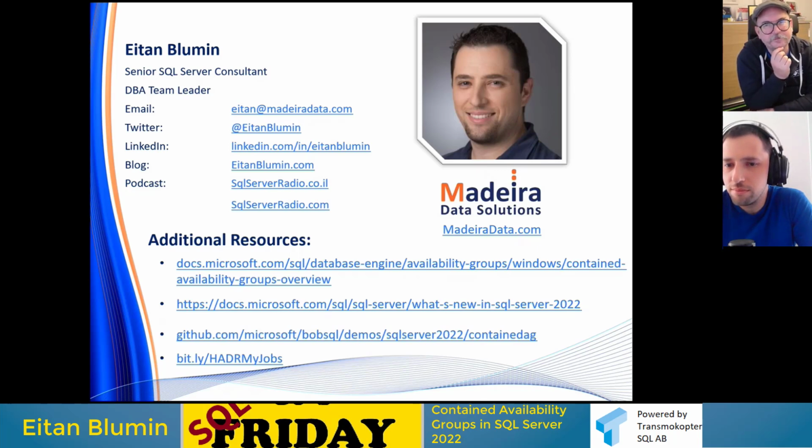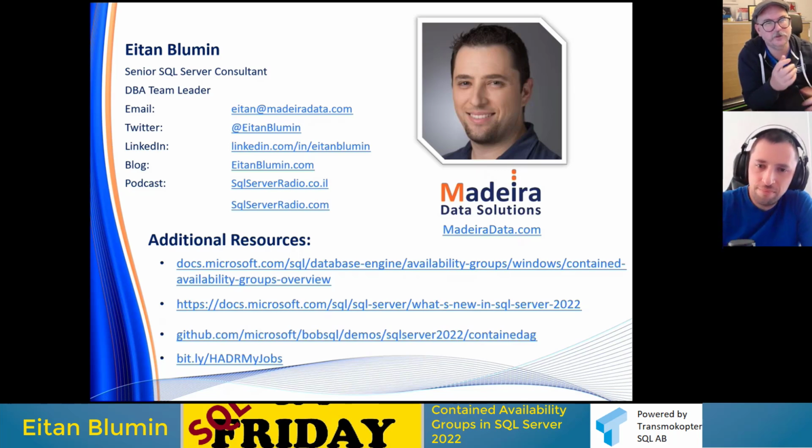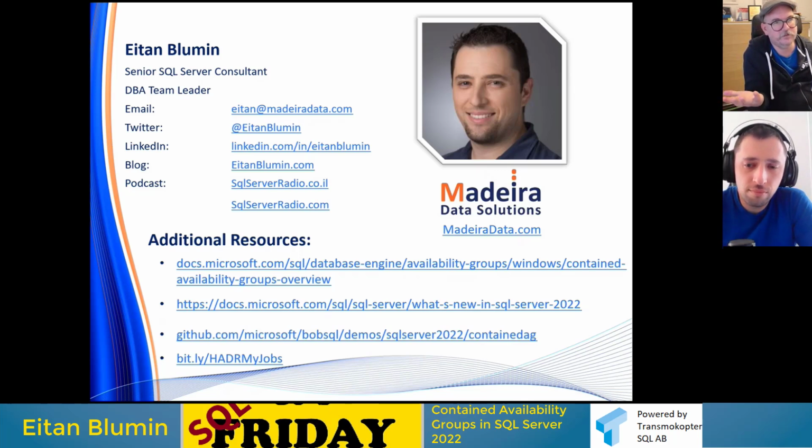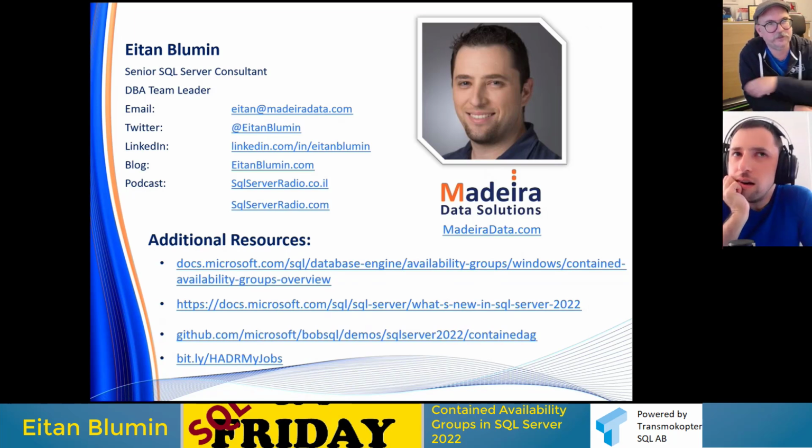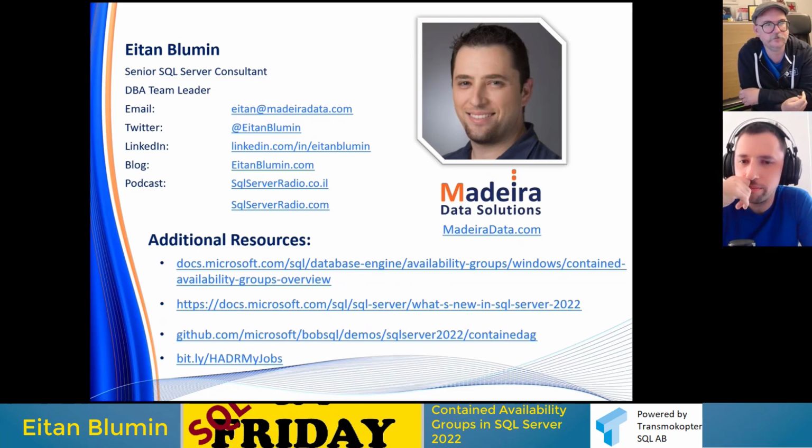So it's given that it's not the perfect solution for isolation. I can't give a developer a container availability group and just say you're sysadmin, do whatever you want, because they may be able to escalate that sysadmin privilege to the external instance. Well, it depends if you also grant the same SID permissions at the external instance or not.